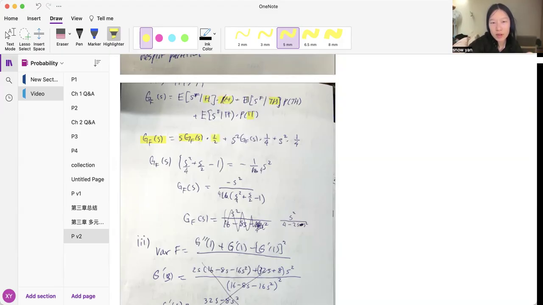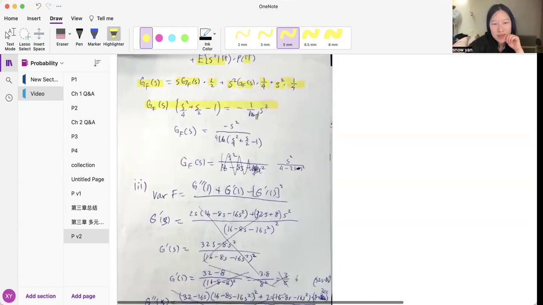The same over here: I take two turns to flip TH, so that's S squared. Then I have G of S because I flipped heads in the last one, so I'm back to square one as well, and that happens with one quarter probability. And if it's TT, then the game ends with probability one quarter, and I take two turns, so it's S squared. So that's my function, and I rearrange it to get this expression over here.